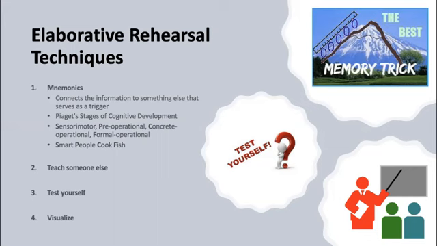So the first letter of each of these words corresponds to the actual correct answer of one of the four stages of Piaget's stages. So the S in smart, for example, relates back to the sensorimotor stage, right? They both start with S. The P in people relates back to the pre-operational stage. They both start with P, and so on, right?